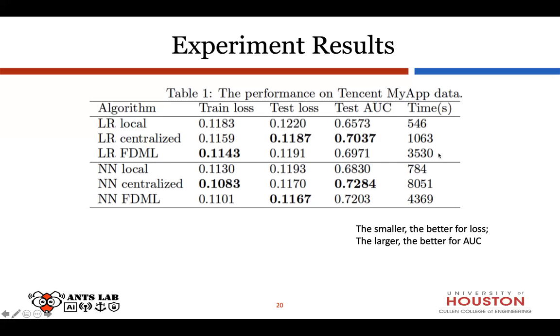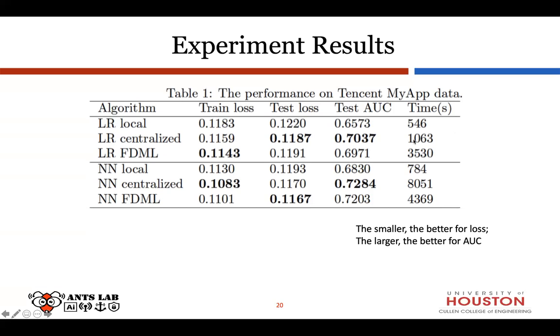Could you explain why, for the logistic regression case, the centralized one is better than FDML? Yes, they argue that for the logistic regression model, the computation load is relatively smaller because it's a very simple model.